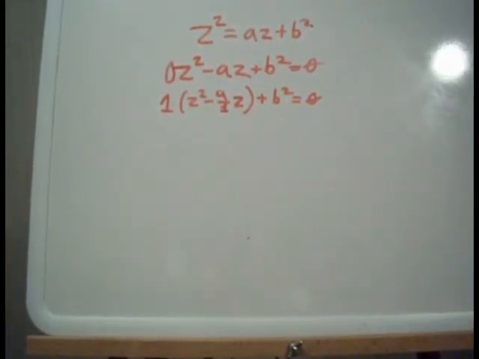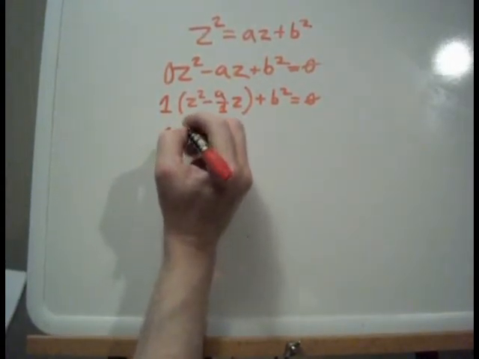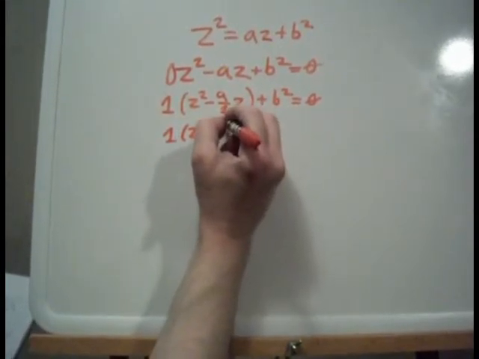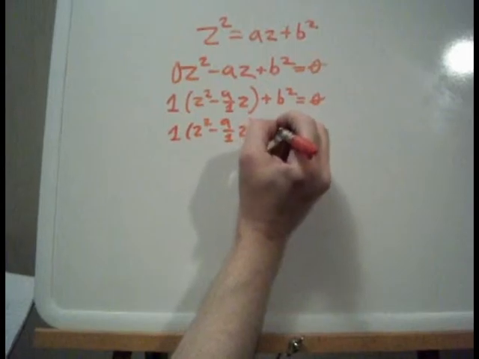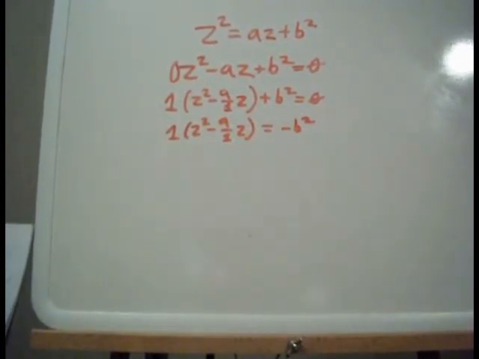Okay. So far, so good. Now then, what's next? Well, we want to put this term over here. So now we're going to have 1 z squared minus a over 1 z equal to negative b squared. That's what we're going to have.